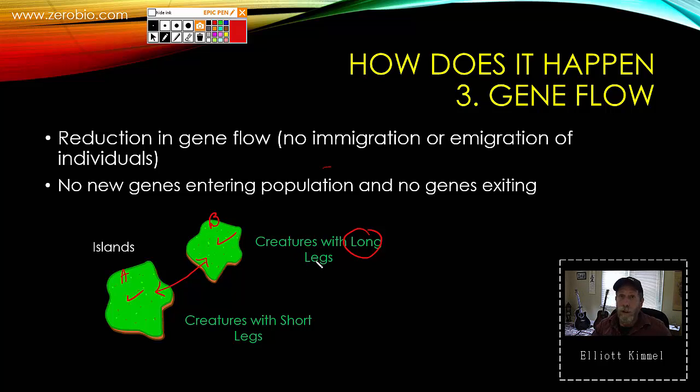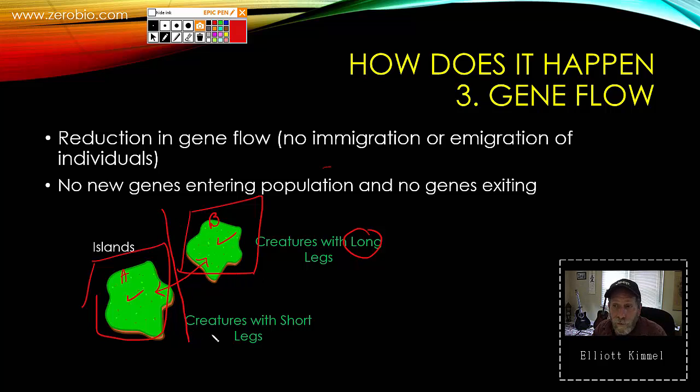You wouldn't have most of the creatures with long legs. If the short ones come in bringing their genes causing shortness, it would dilute out so that it would be balanced. And if the long leg ones went over here, the creatures with short legs could start mating with creatures with long legs, and over time they would be diluted out. What we need for evolution is isolated populations that can only breed with each other and no gene flow.